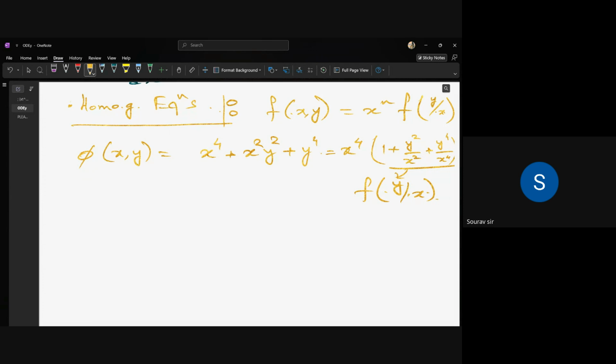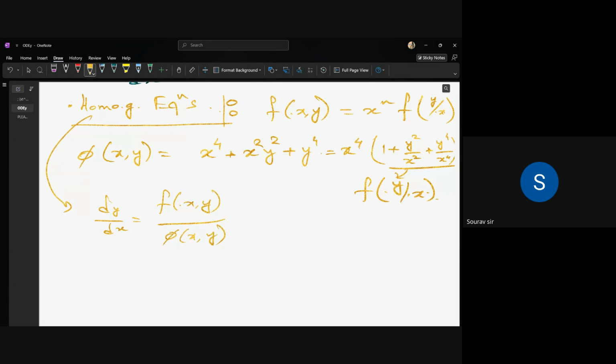Now let us think about a homogeneous equation. An equation in x and y is said to be a homogeneous equation if it can be put in the form dy by dx equals f(x, y) by phi(x, y), where f(x, y) and phi(x, y) are both homogeneous functions of the same degree in x and y.